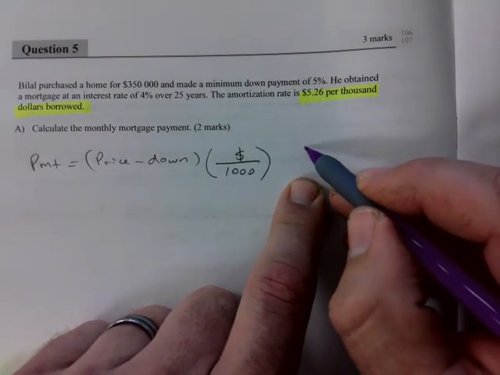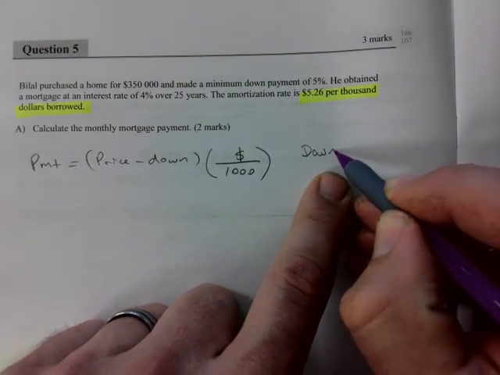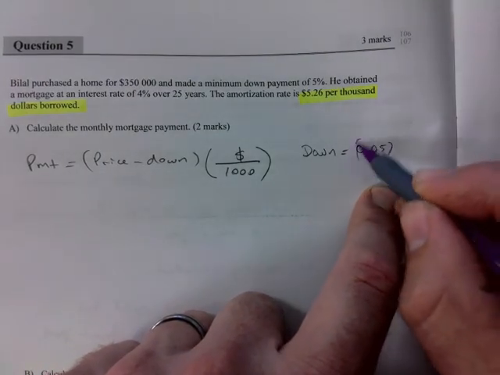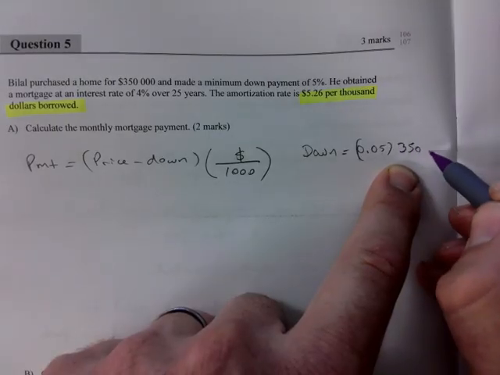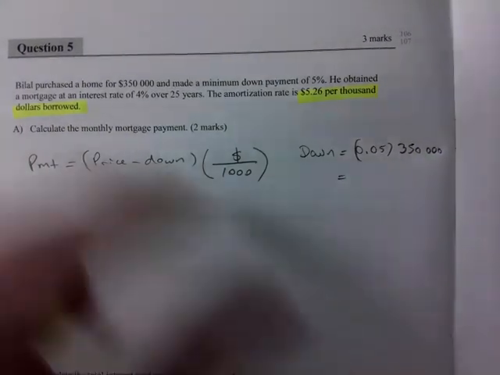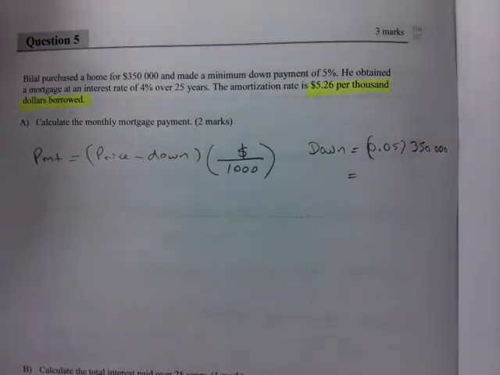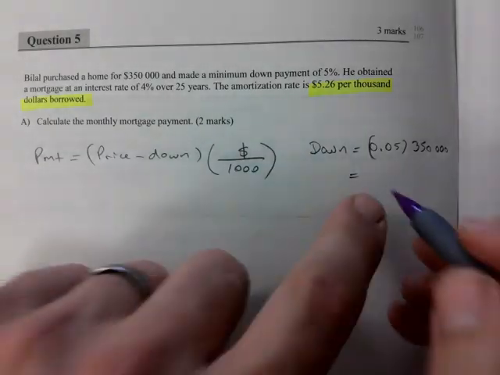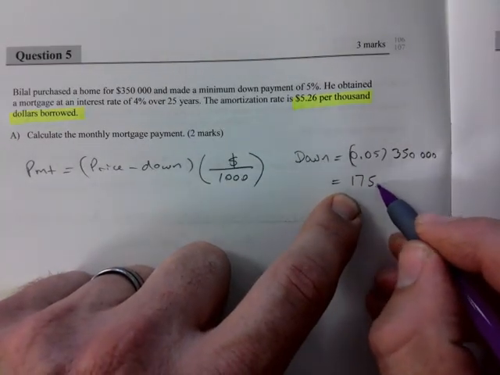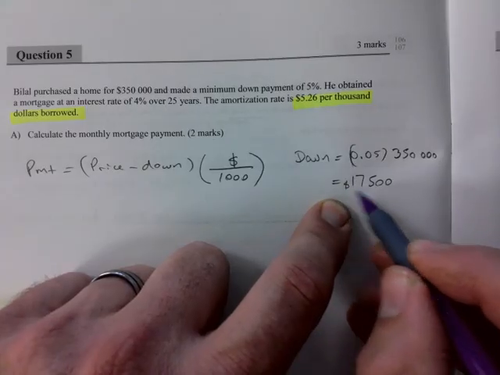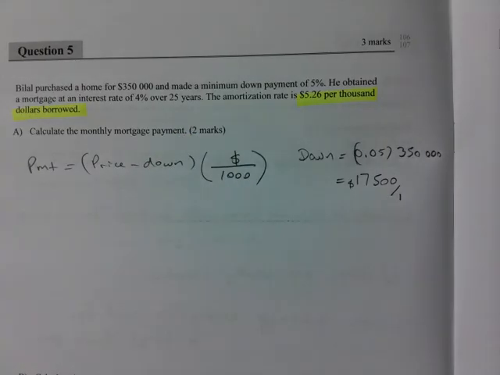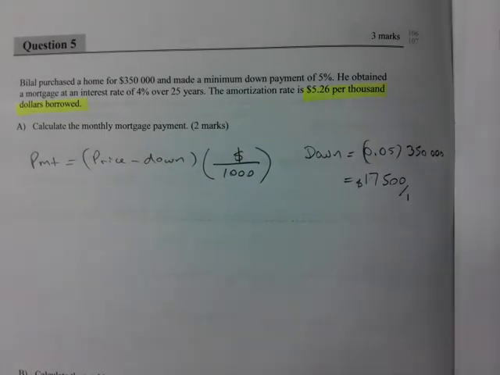We don't know what the down is in dollars, so we're going to figure it out. 0.05 times 350,000, that's 17,500 is your down payment. You probably get a mark for this. It's a 2-mark question. You probably get a mark for the 17,500.